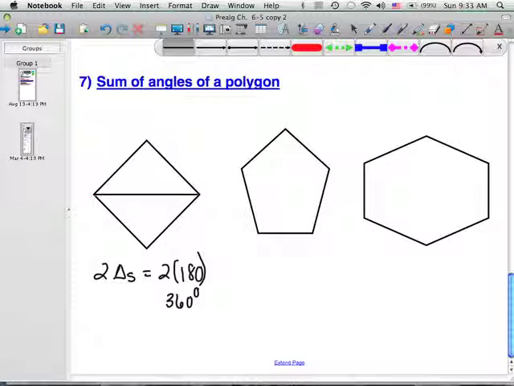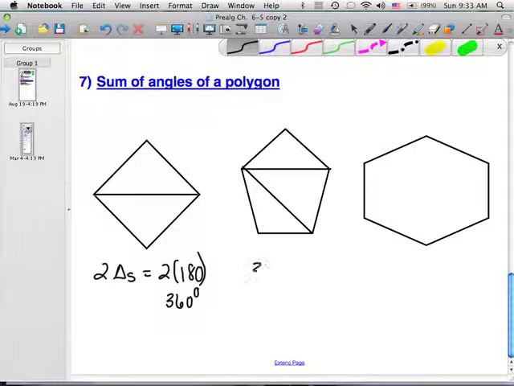If I take this pentagon and from one vertex see how many triangles I can break up inside, I have 3 of them. So there are 3 triangles, so 3 times 180 degrees for each triangle, and I get a total of 540 degrees in that polygon.